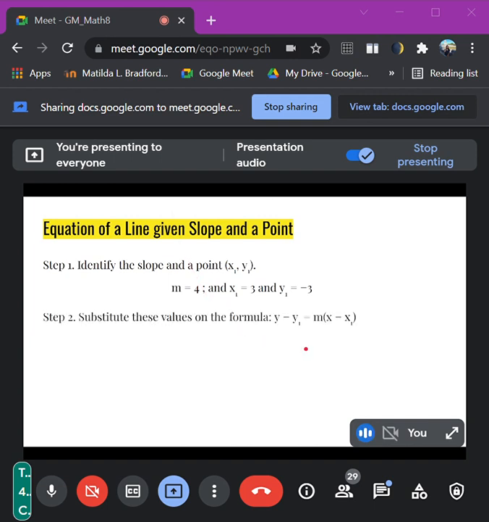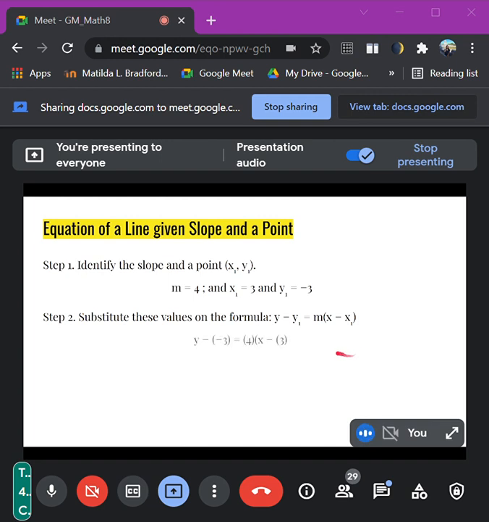So, for step number 2, we're just going to substitute the values in the formula y minus y sub 1 is equal to m quantity x minus x sub 1. Whatever you got there, class, the order should never be swapped. Your x is first, and then your y is second.